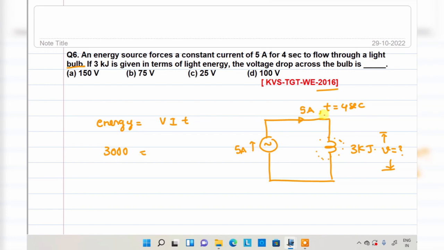The voltage is not given, you need to find it. The current is 5 amperes and the time is 4 seconds. So V is equal to 3000 divided by 5 into 4, which is 150 volts. 150 volts is the answer. Option A is the correct option. This is the solution for this particular problem.